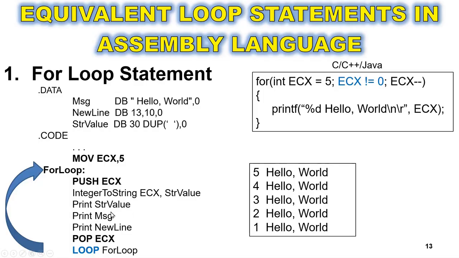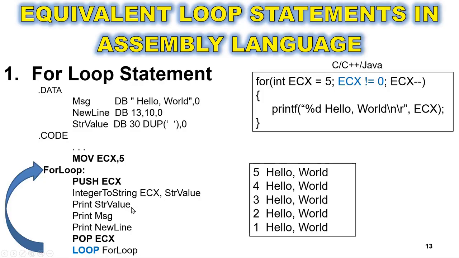Inside the body of this for loop, we first need to preserve the contents of ECX, and after that, we call the user-defined function integer to string. We will convert the present value of ECX into a string, store it to str value, and then print that str value.